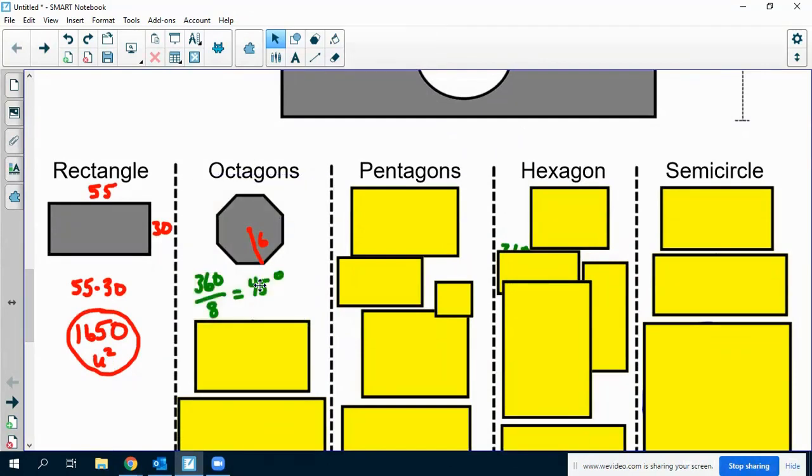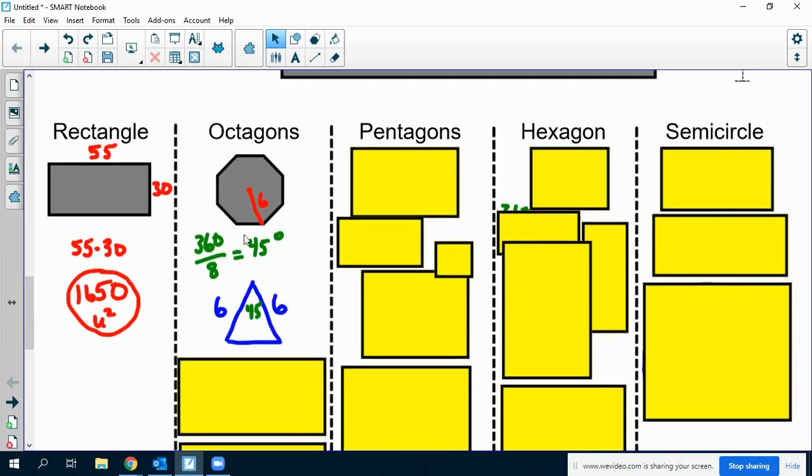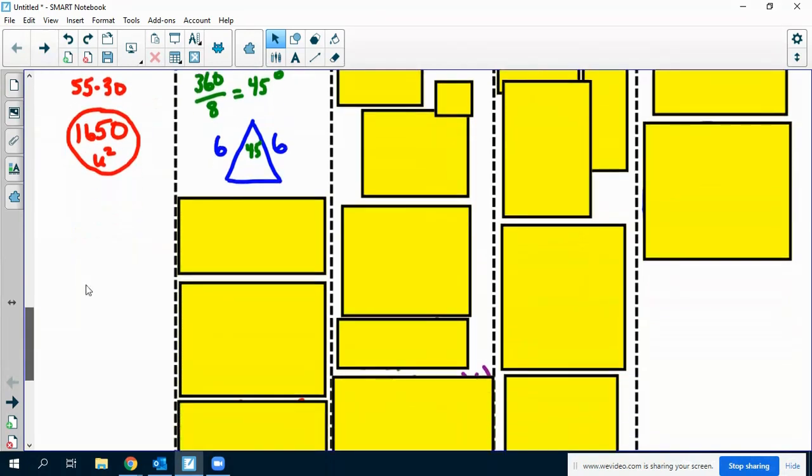then that means I have to do my regular octagon or regular polygon things. So I'm going to have this triangle that I'm copying, and there are 8 of them because it's an octagon. So I have to find the area of this triangle, then multiply it by 8 because there are 8 triangles in this octagon.